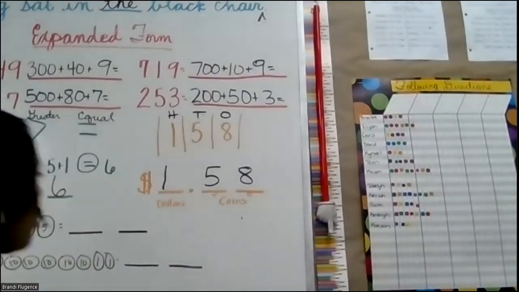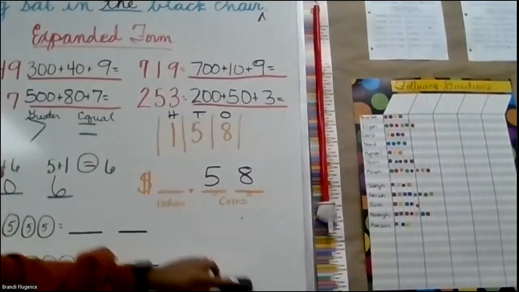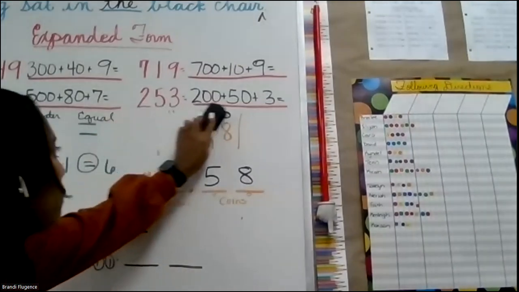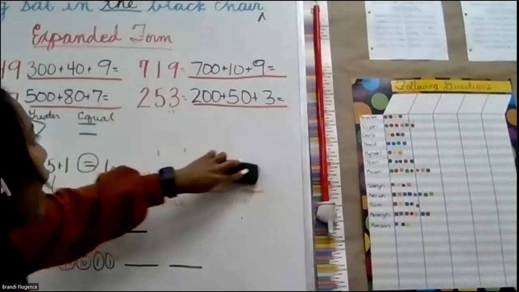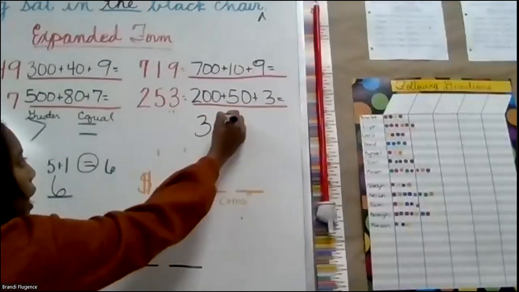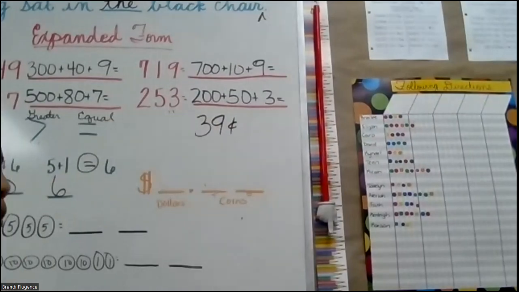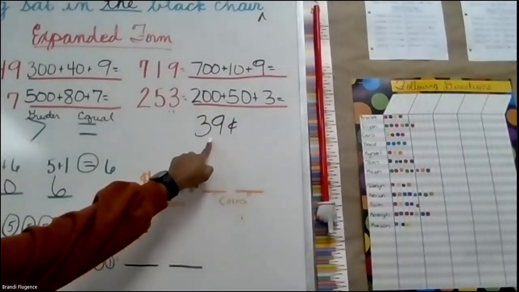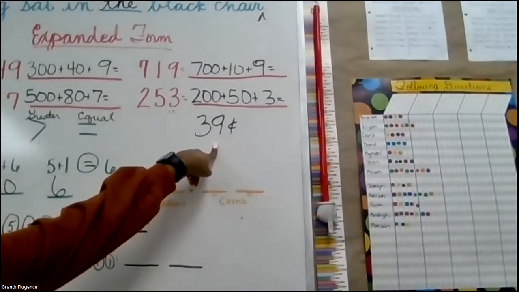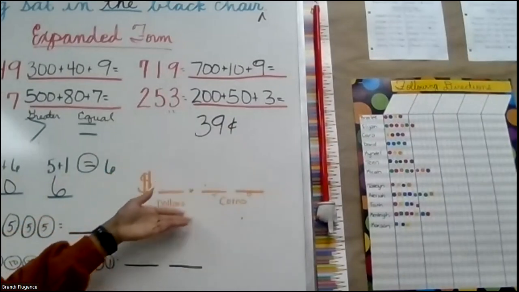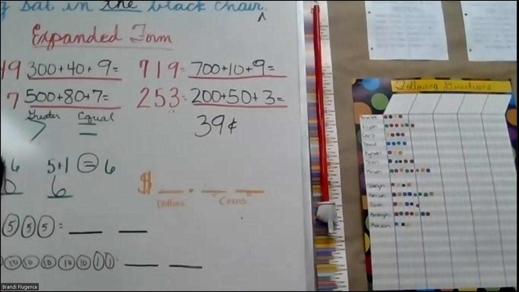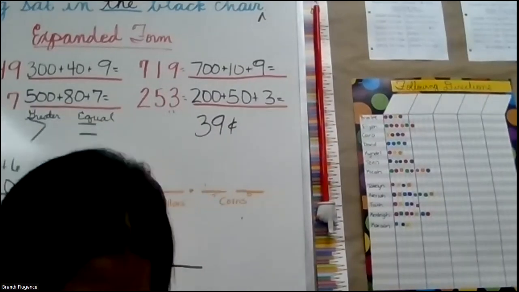So I want to show you two different ways that we can write the amount of coins. For example, if I have 39 cents, we know we can write it this way. That's the way we usually write it. But there's another way we can write 39 cents besides the normal way. We can write it in dollar amounts. How do we write in dollar amounts?